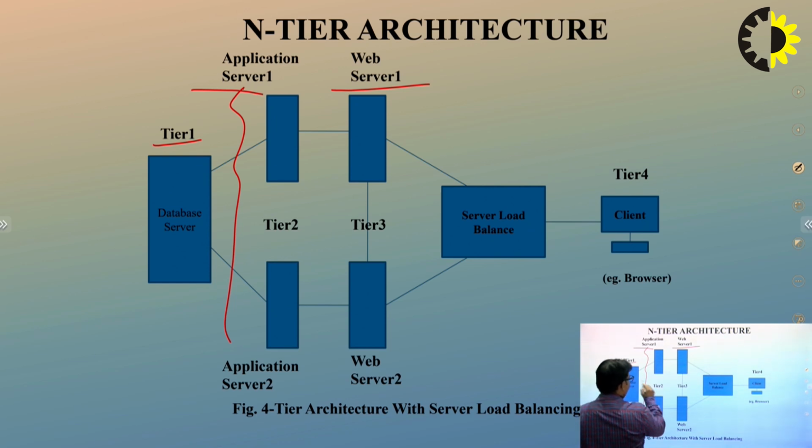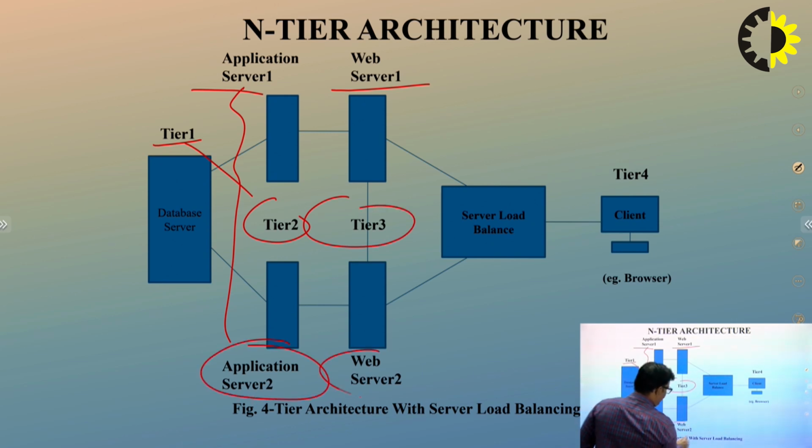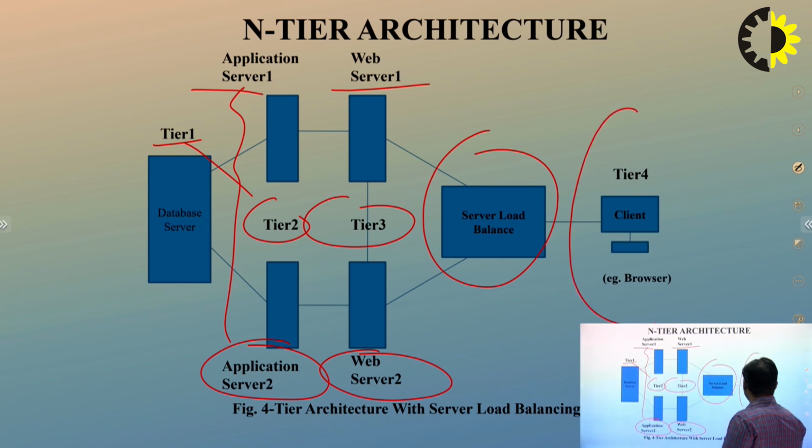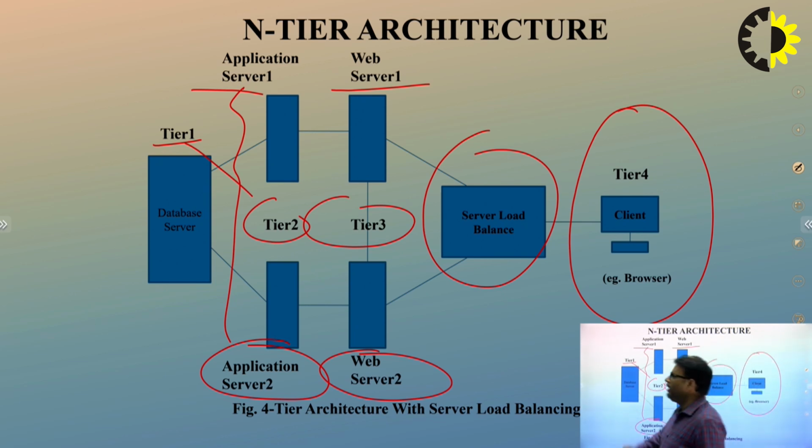These are tier 1, tier 2, tier 3, and there is application server 2 and web application server 2. All of these will be balanced by the server load balancer. And tier 4 is also called the client.